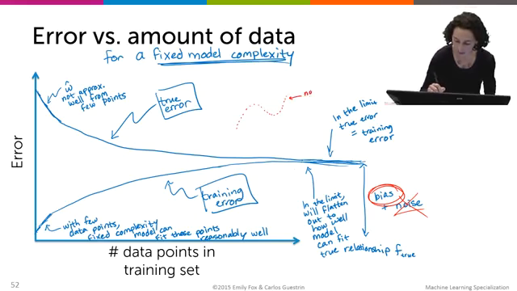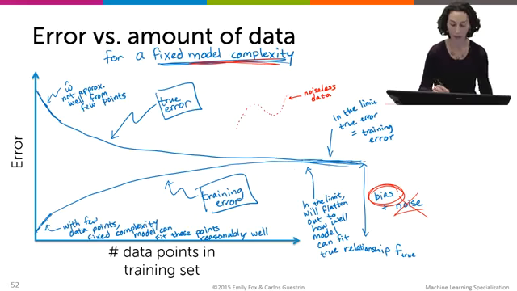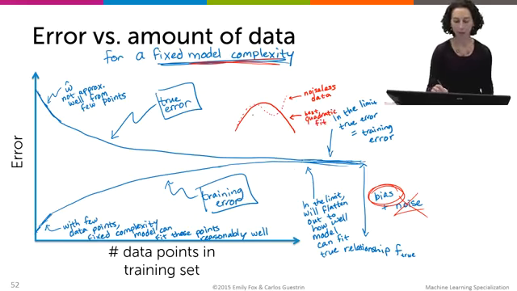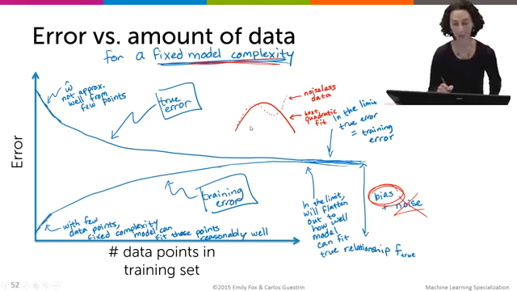This is our noiseless data, and this was all for fixed model complexity. If we constrain our model to be a quadratic, then maybe this will be our best quadratic fit. And no matter how many observations I give you from this more complicated function, this quadratic is never going to have 0 bias. In contrast, let's switch colors here so that we can draw our one nearest neighbor fit.